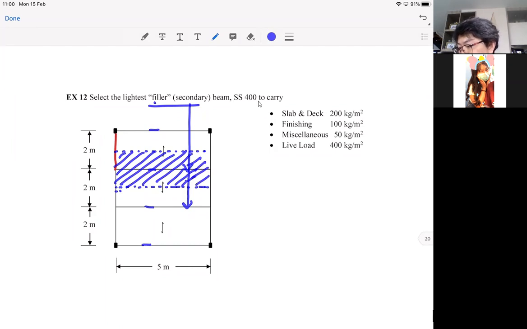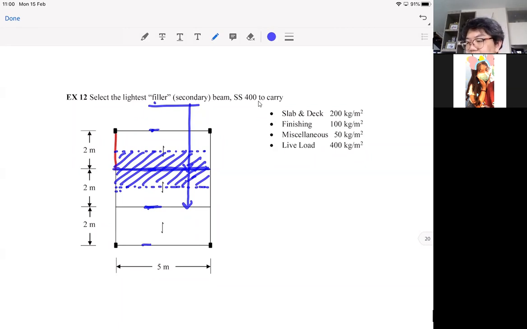And you should notice that this beam will be exactly like the beam that we are going to design. You may also notice that this beam carries 50% less due to the tributary area.